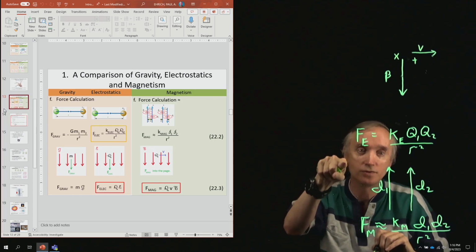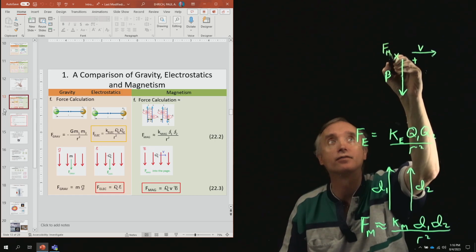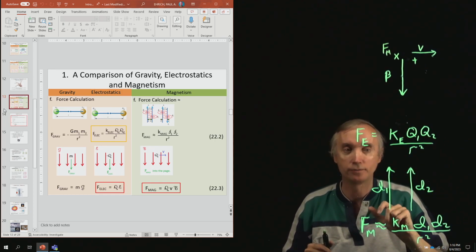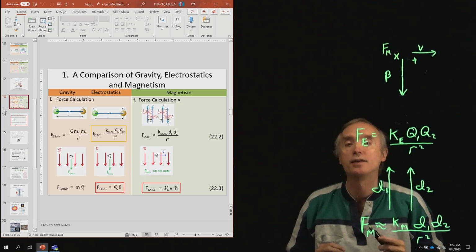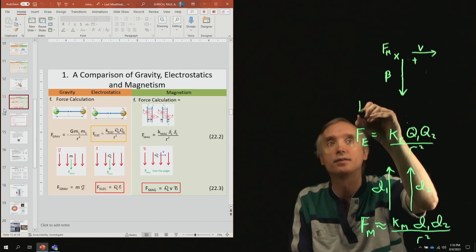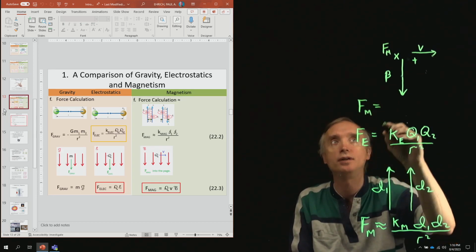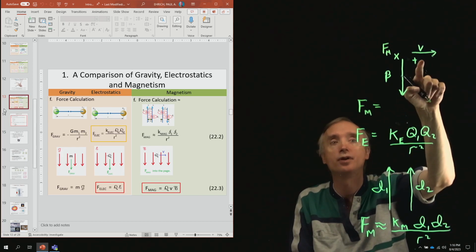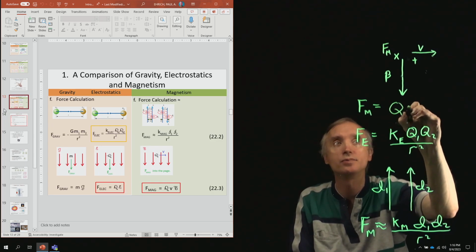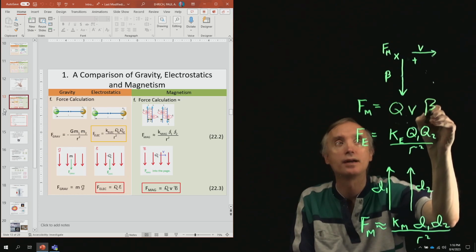So it's going into the board, and I'll just say that that is the magnetic force. So all three of them were perpendicular to each other. And so they came up with a formula that says that the force of magnetism was going to be equal to the magnitude of the electric charge, Q, times its speed, and then times the magnetic field.